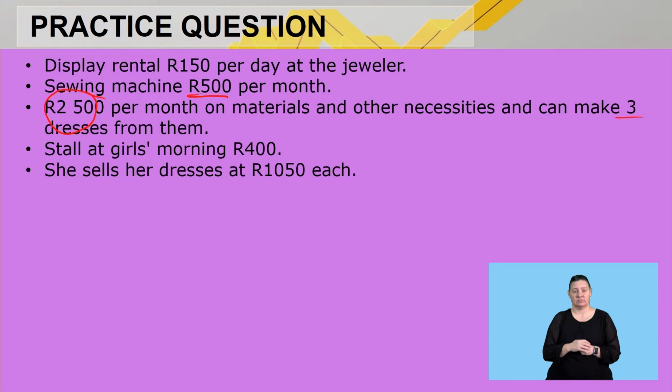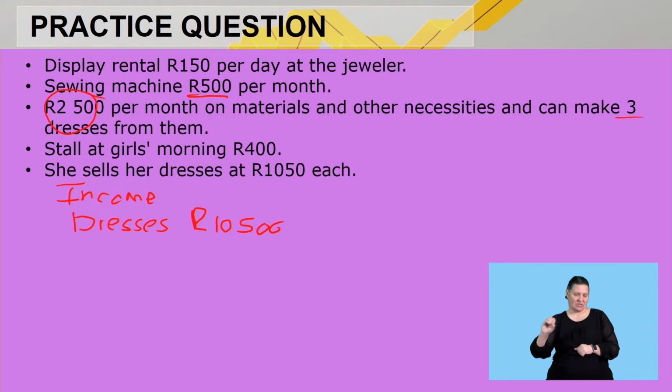So when we look at her income statement, the income will be my dresses, and now it's going to be 10,500. Where did we get the 10,500? Remember, she is now selling 10 dresses at 1,050 Rand each. Then that's her only income.